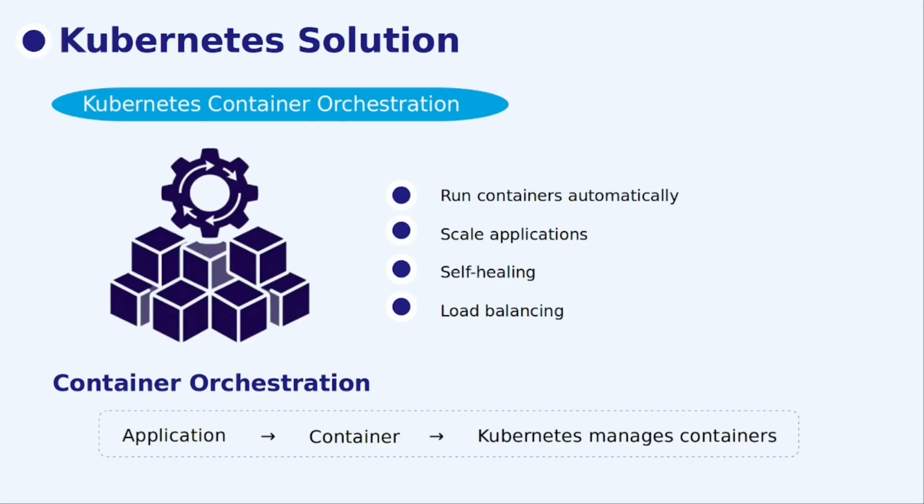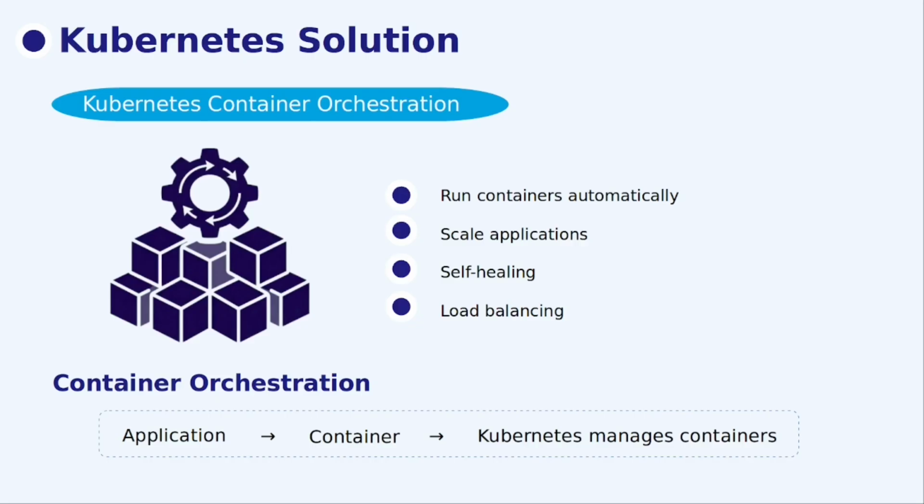Kubernetes solution. This is where Kubernetes comes in. Kubernetes is a container orchestration platform. Its job is to manage containers automatically across multiple machines. Instead of manually starting and stopping containers, Kubernetes handles this operation for us.